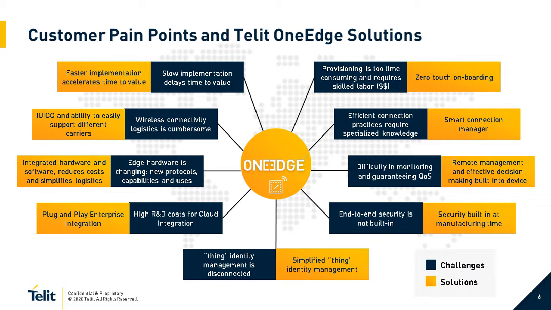We want you to be able to efficiently connect and make sure that it stays connected, especially in a cellular wireless environment. And then lastly, you want to make sure that you can monitor that and guarantee the quality of service, all doing that securely.